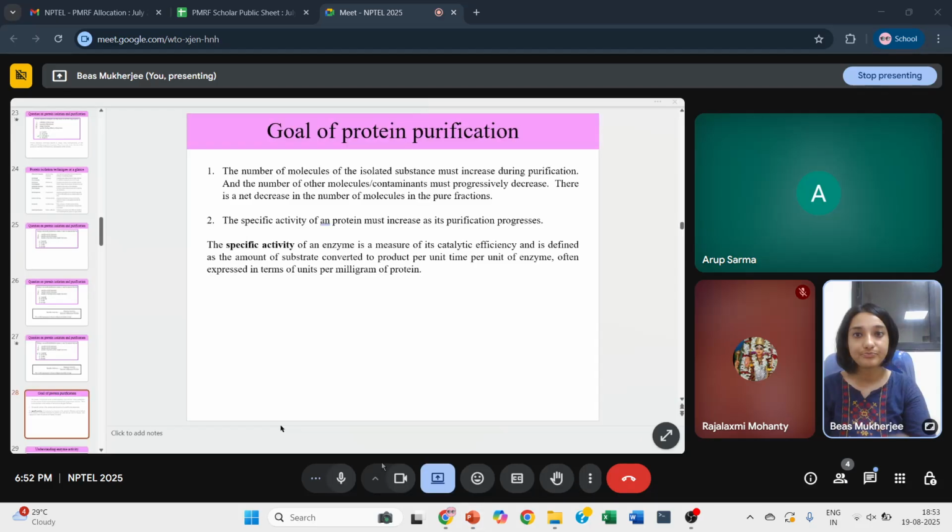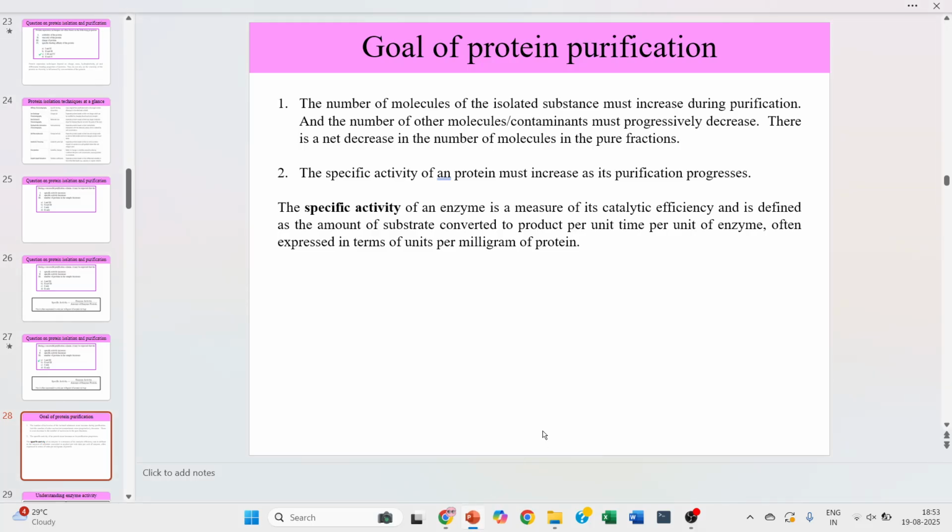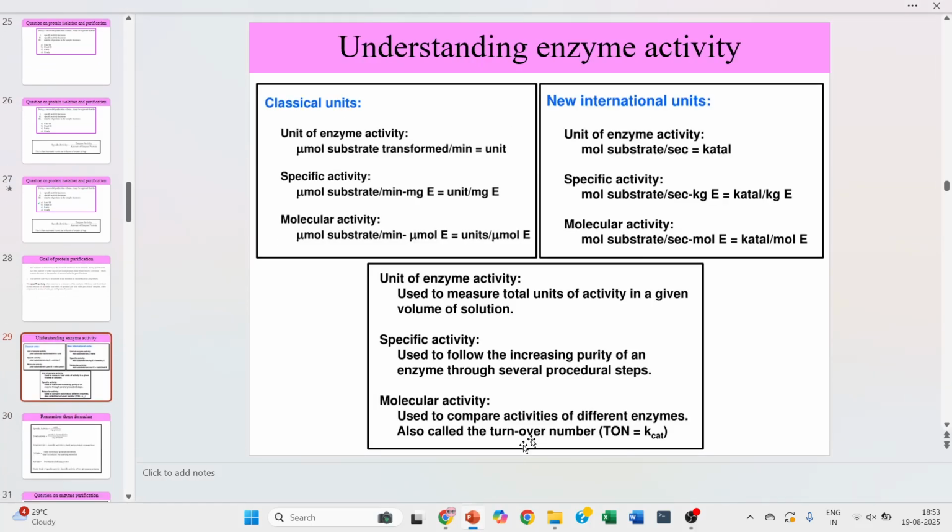Now see, the number of molecules in the isolated substance must not increase during purification, and specific activity of a protein must increase as the purification progresses. And the definition is given here, the one that you saw in the formula.